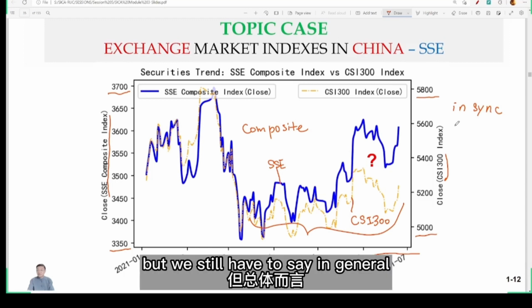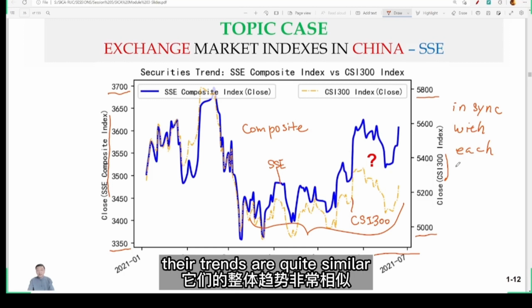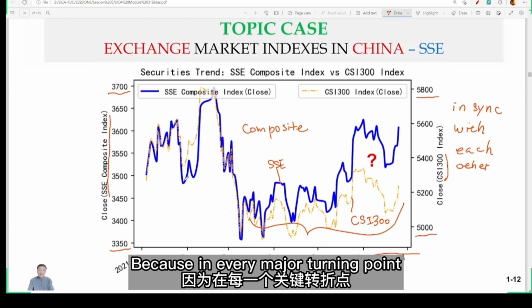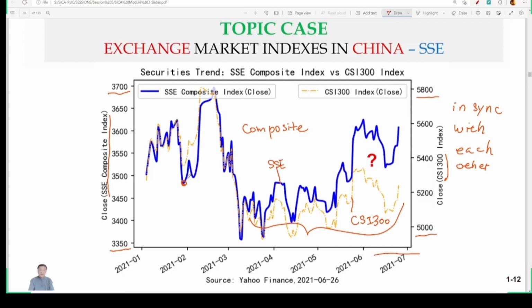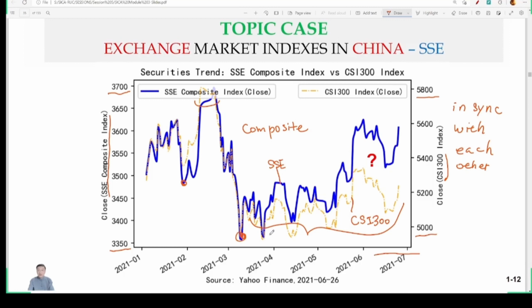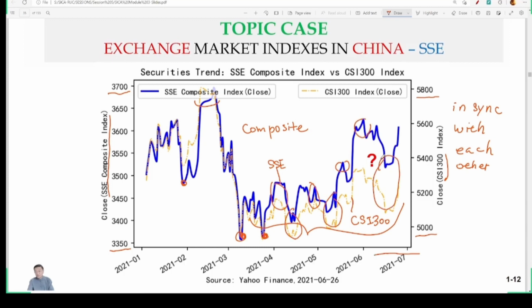But we still have to say, in general, their trends are quite similar, because in every major turning point, they are quite similar to each other.